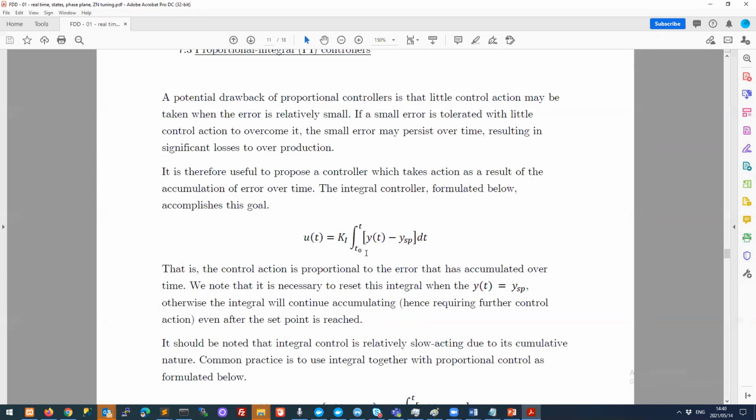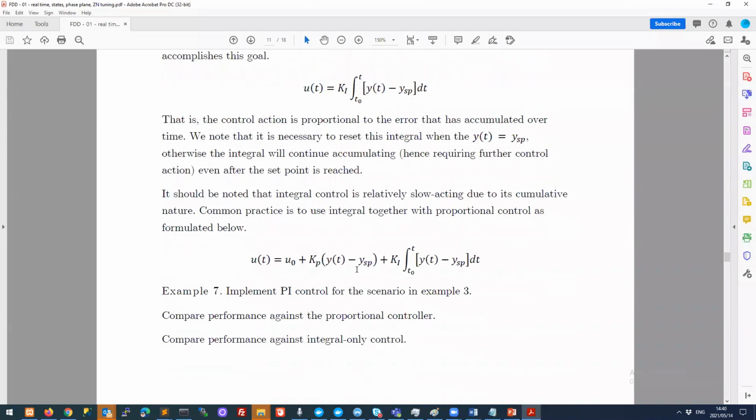Also, if I look at the history of how long I've been in the darkness, I want to try harder and harder the longer it goes on without light being applied. So that's the way to read this, right? Your error integrated in time tells you how persistent that error is. So if you like, the control action is proportional to the persistence of the error, right? If you are integrating the error, then that's an indication of the persistence of the error, right?